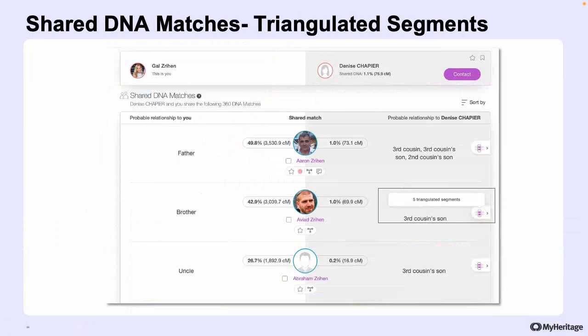When I'm viewing my match, Denise, and I'm viewing my brother as my shared DNA match, it already tells me that there are 5 triangulated segments, 5 segments that me, my brother, and Denise all share. So when you click it, it will open the chromosome browser for you, and it will automatically show you these segments. So the guesswork is eliminated. You just need to view the shared DNA matches, look for these clues, and look further into them.